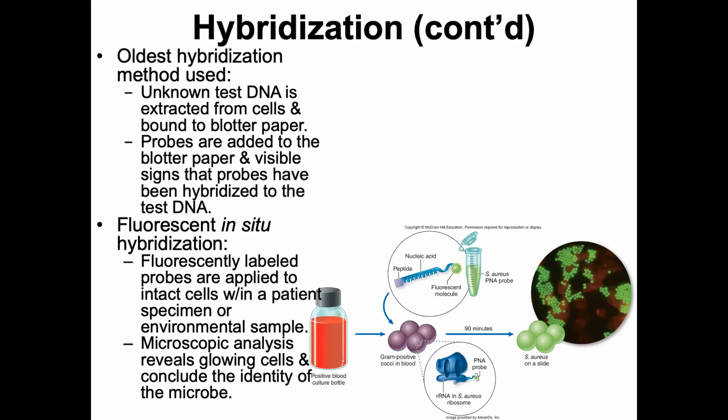They stick where they're supposed to on the slide. And you can put that slide under a special microscope that makes a laser beam that hits the whole slide, but where the probe is stuck, it'll glow a particular color. And you're able now to see where your bad guys are.